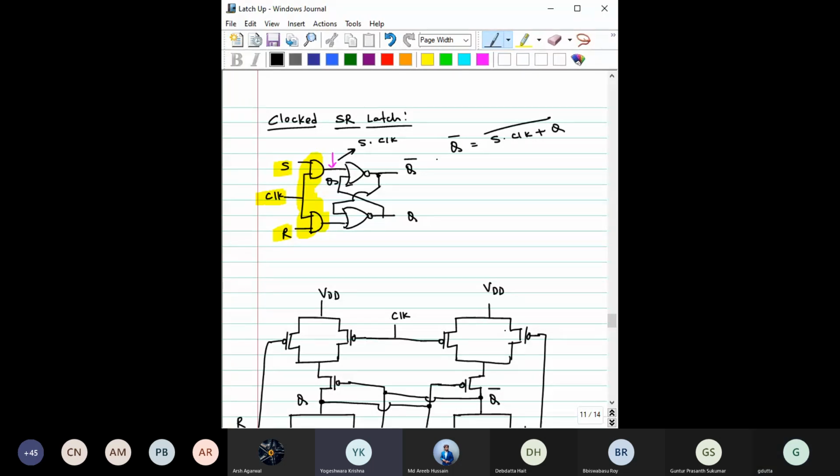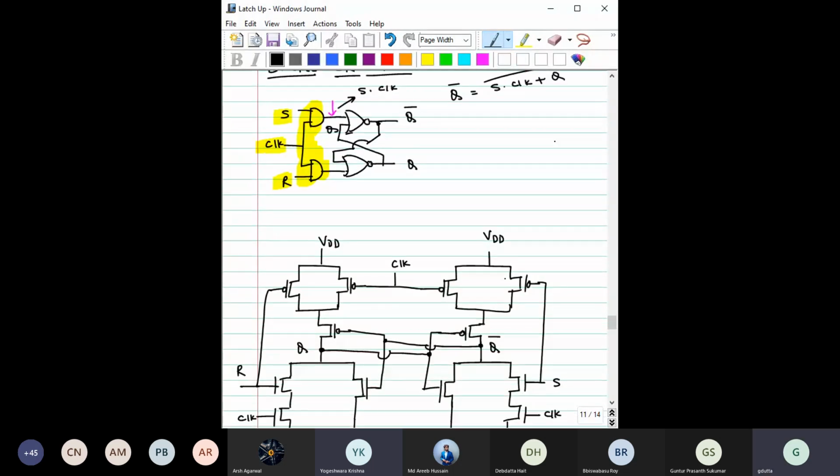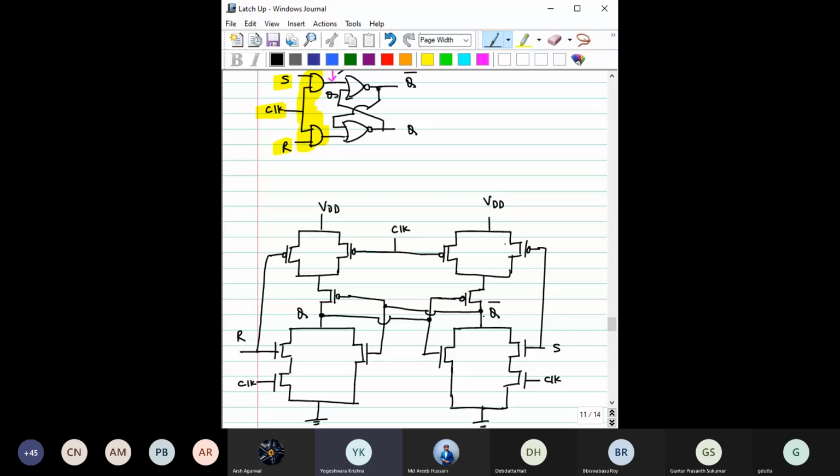Right? So how can you implement it in a circuit? It's very simple like this. So you have S. You have Q coming to this. You have clock here. You have clock here.